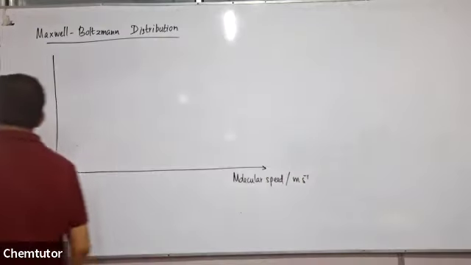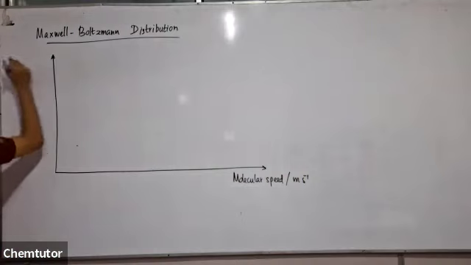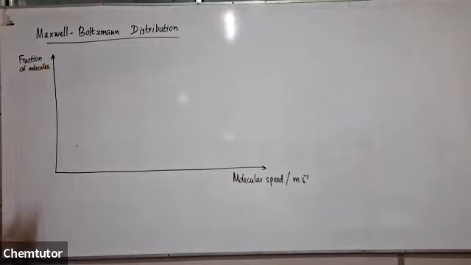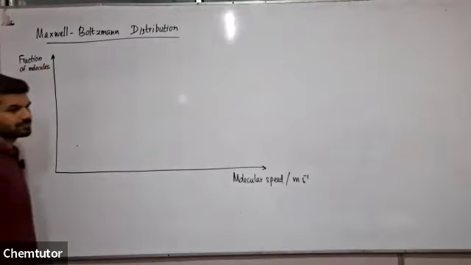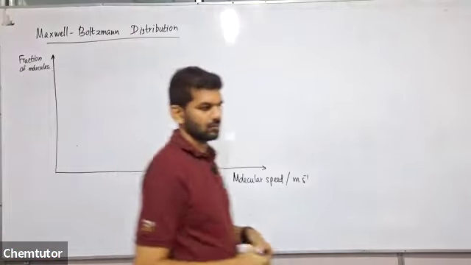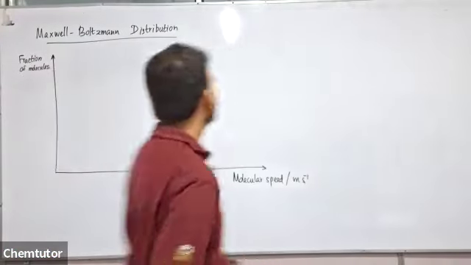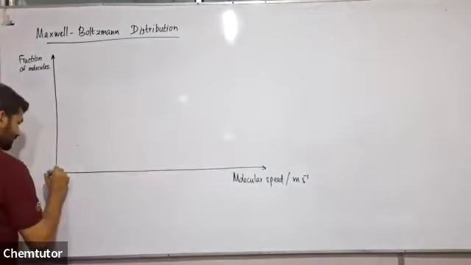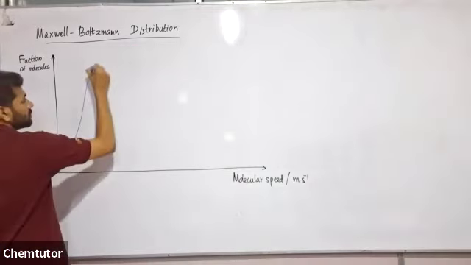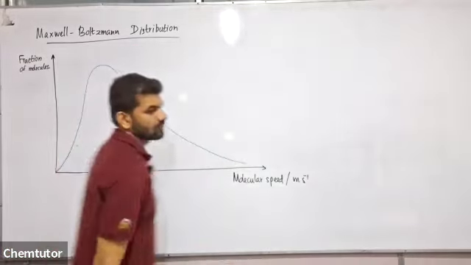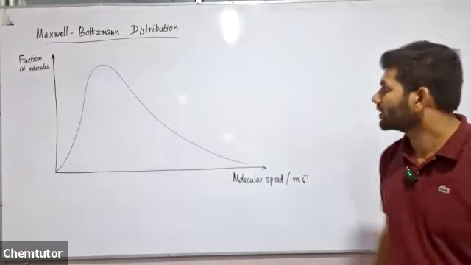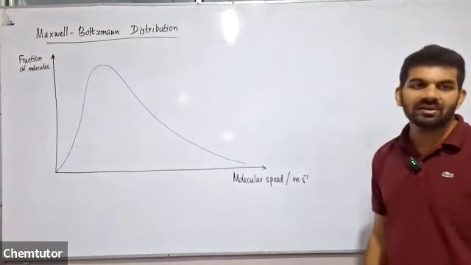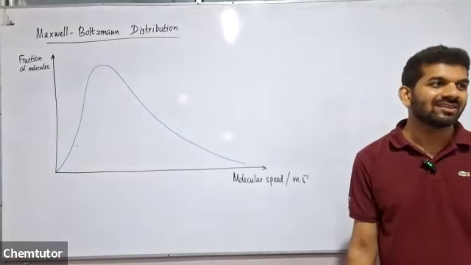Molecular speed in meters per second, and here will be the fraction of molecules. The value will change like this. Okay. So this is the asymmetrical bell shape, and it is not a symmetrical bell.